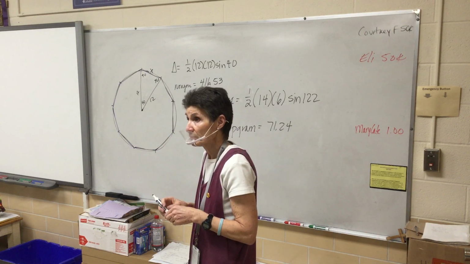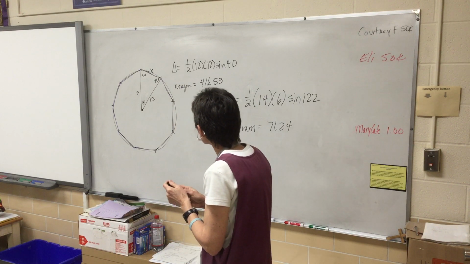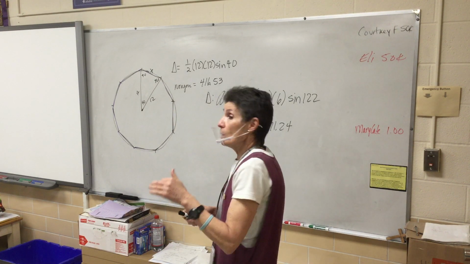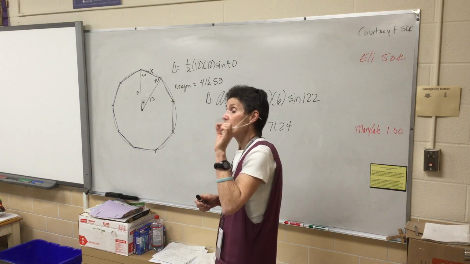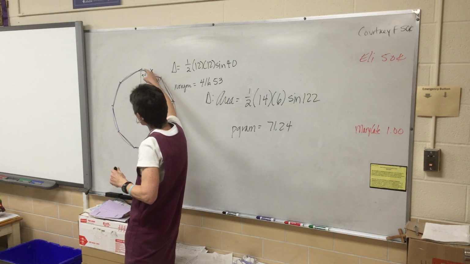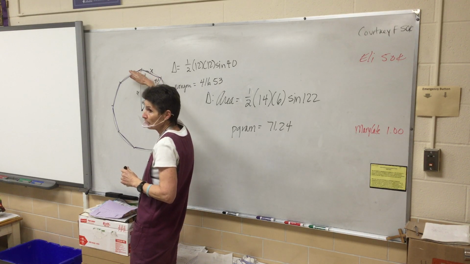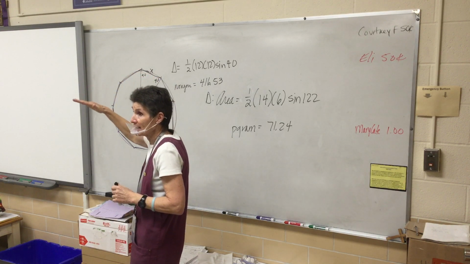David? Can you do radius times radians? Oh, okay, great thought. Radius times radians would give me the arc length, not the perimeter, not that segment length.